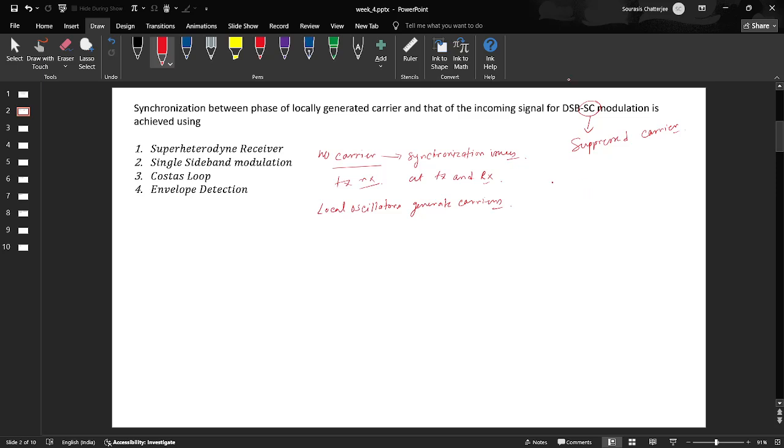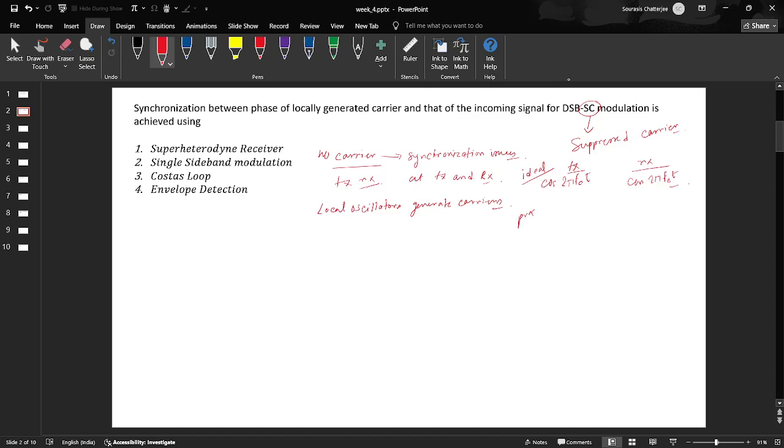For assumption, let's consider our carrier is cos 2 pi fct, that the local oscillator is supposed to generate at transmitter and receiver end. In the ideal scenario, we expect that both the transmitter side and receiver side oscillators generate cos 2 pi fct itself.